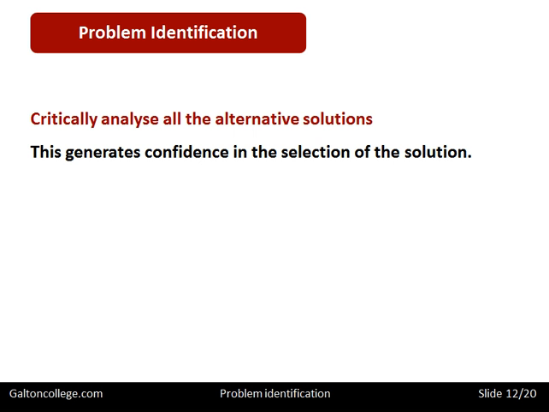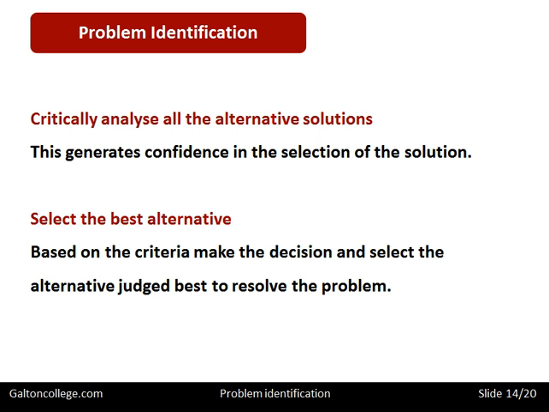Be open and be fair about the implications of all of the possible solutions so that the best solution can be selected from amongst them. And select the best alternative. Based on the criteria make the decision and select the alternative judged best to solve the problem. So be fair and select the best alternative, having critically appraised all of the alternatives, not any prejudged one.